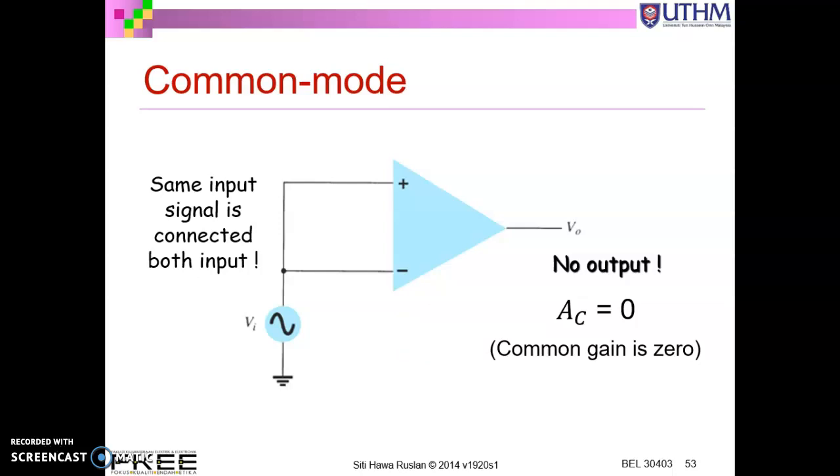I have mentioned that the first stage of the op-amp is a differential amplifier. So when you have an input which is common to both inputs, your output will be 0. There is no amplification. So your common mode gain, the ideal value should be 0. So those are the three input modes for your op-amp.